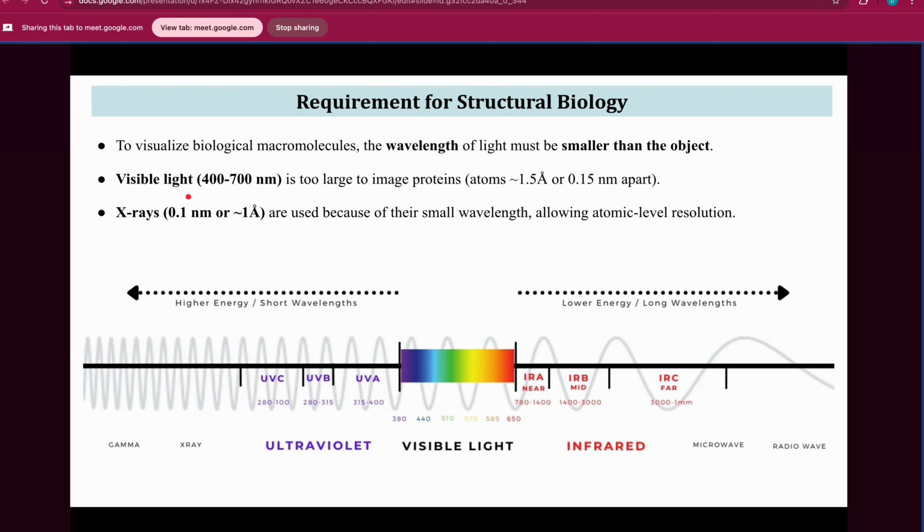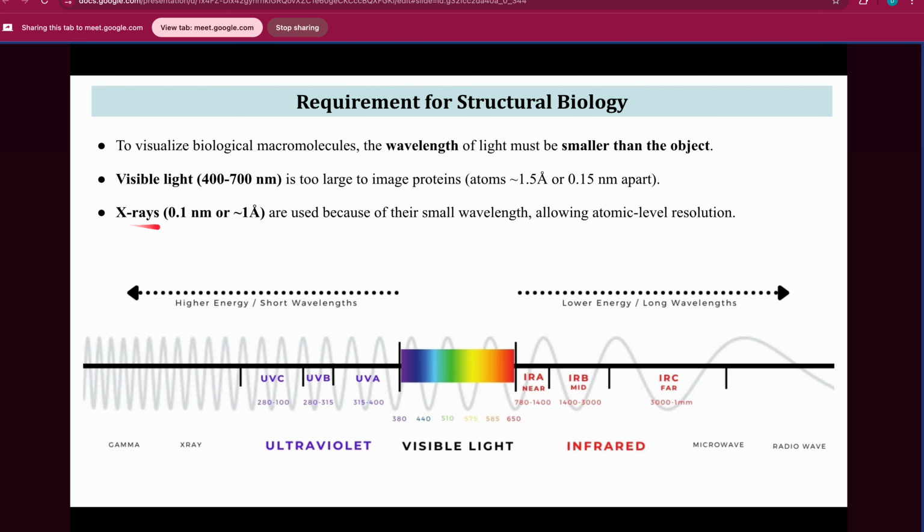Visible light lies in the range of 380 to 650, or you can say 400 to 700 nanometers. So it is too large to image proteins. In proteins, the atoms are about 1.5 angstrom, or 0.15 nanometer, apart. So we cannot visualize them with visible light because it has a wavelength greater than the size of these particles.